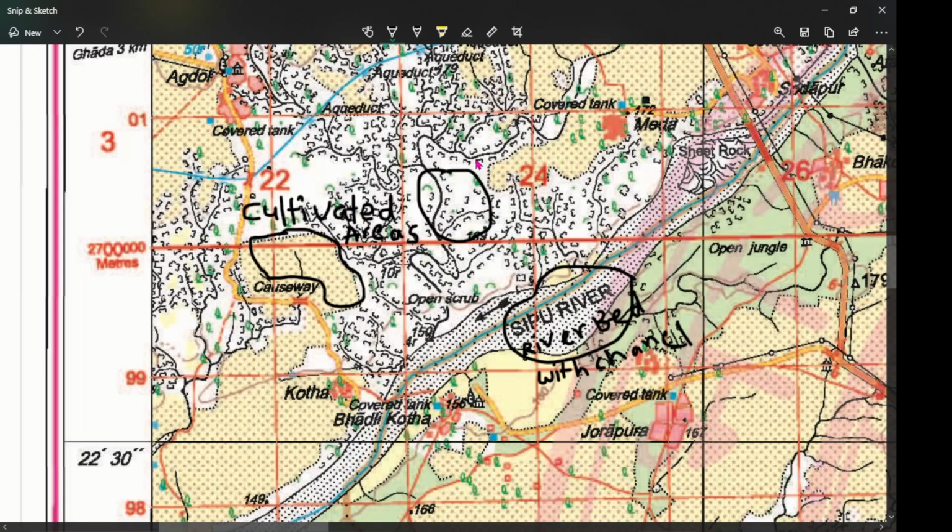So there are these features which are being written as broken ground.